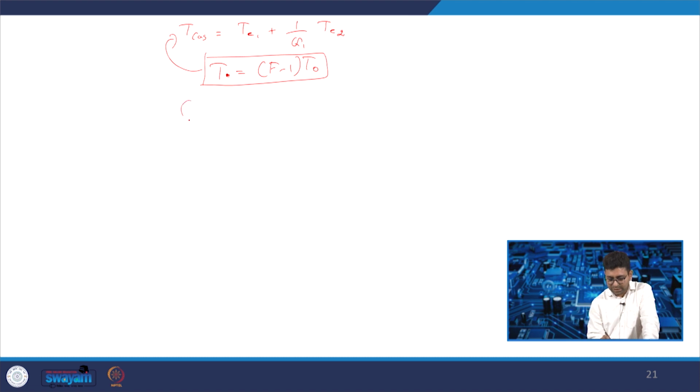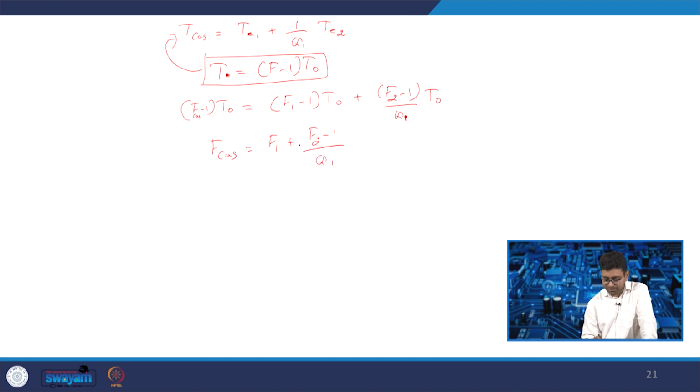We can write F cascaded minus 1 times T0 equals F1 minus 1 into T0 plus F2 minus 1 by G1 into T0. So F cascaded is equal to F1 plus F2 minus 1 by G1. This is a very important equation.